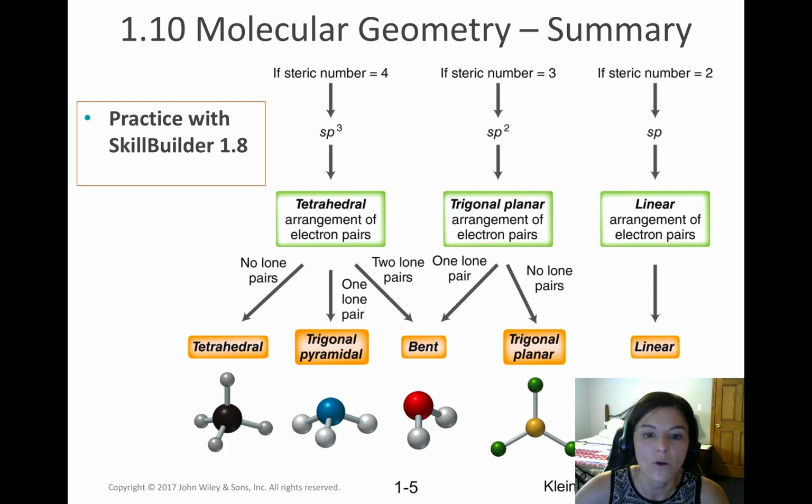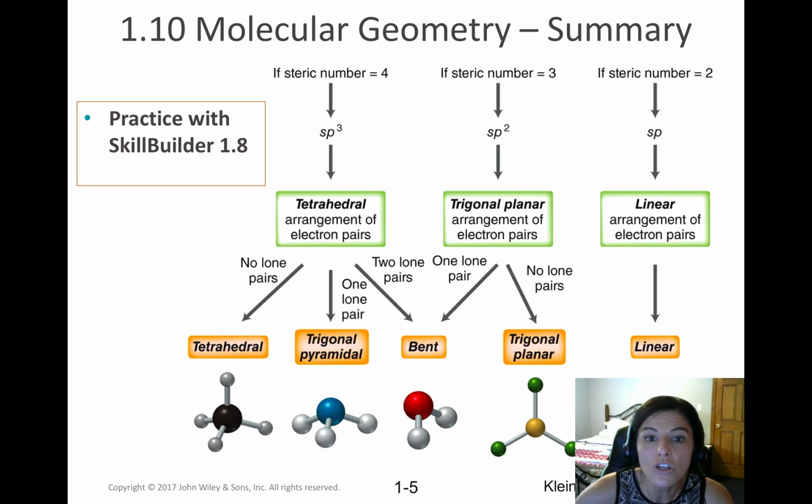Okay, so how do we know what the molecule actually looks like? All right, well, you can see that by knowing the steric number, we can then get hybridization very quickly, okay? Once we have the hybridization, we can then get the shape based on knowing how many bonds and how many lone pairs contributed to that steric number.